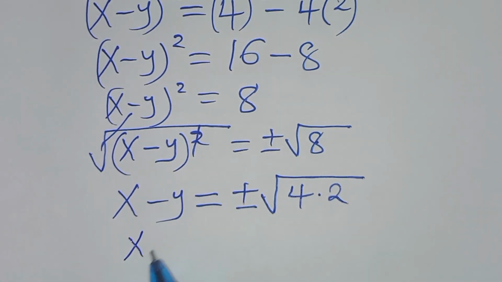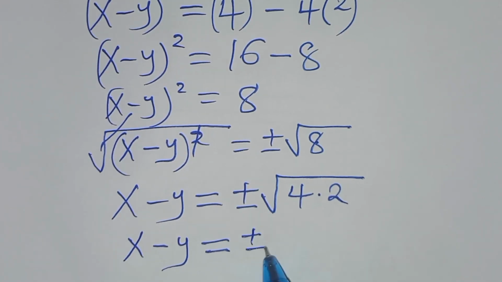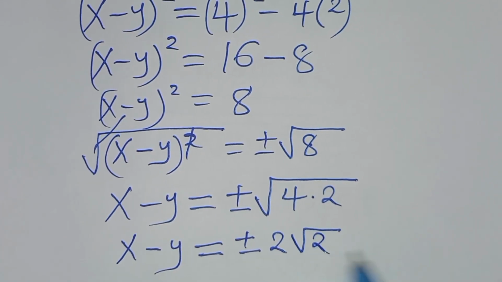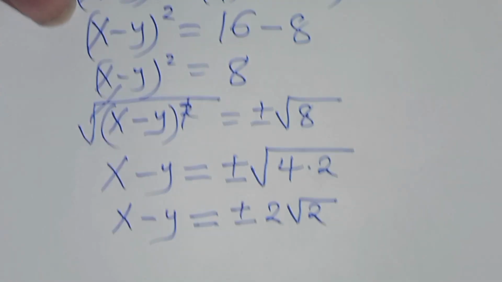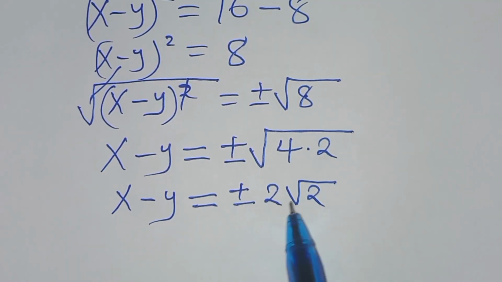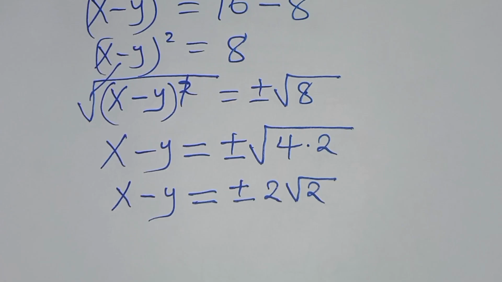So x minus y is equal to plus or minus the square root of 4, this is 2, then square root of 2. So we have that x minus y is plus or minus 2 square root of 2.